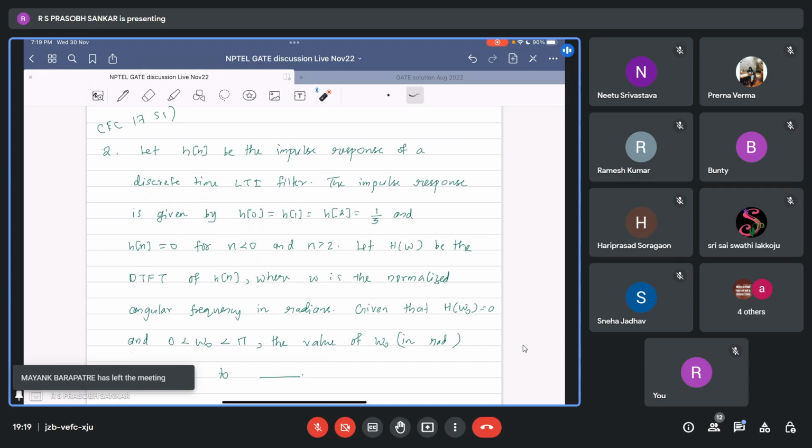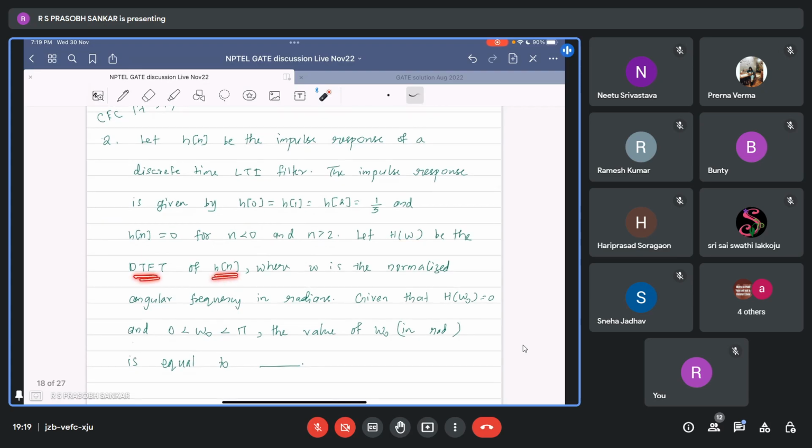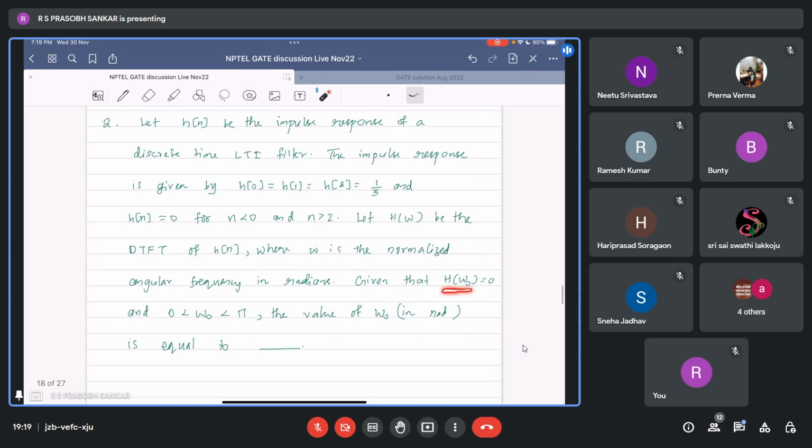So it's a three tap filter basically. Let H of omega be the DTFT of h of n, where omega is the normalized angular frequency in radians. Given that H of omega naught equals 0 and 0 less than omega naught less than pi, what is the value of omega naught in radians?